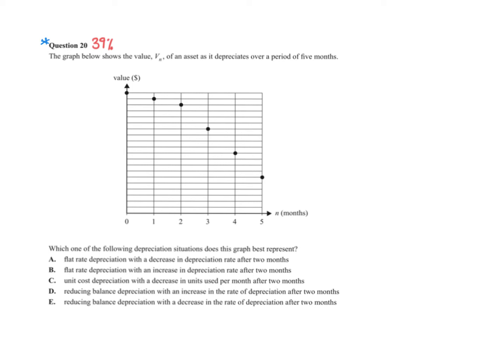At the start, it drops one box, and then it drops one box again. Essentially, that's a straight line. So if it's a straight line, that would be flat rate depreciation.